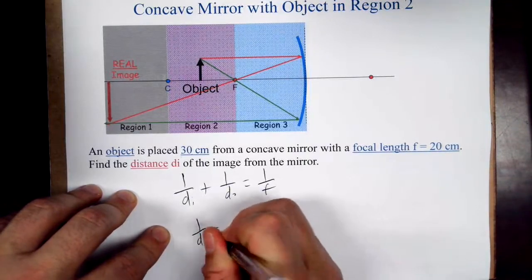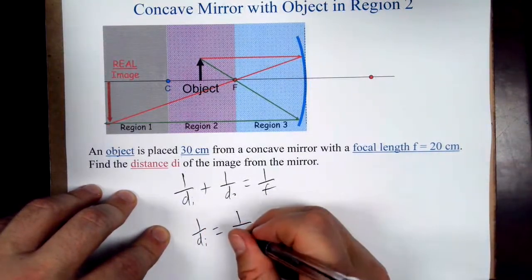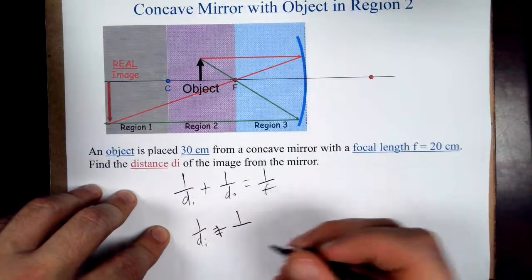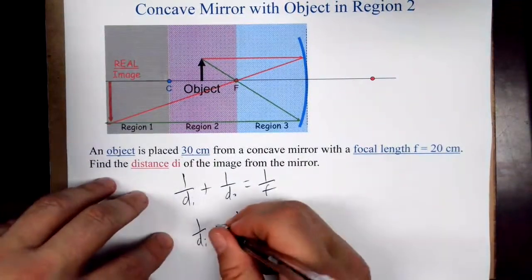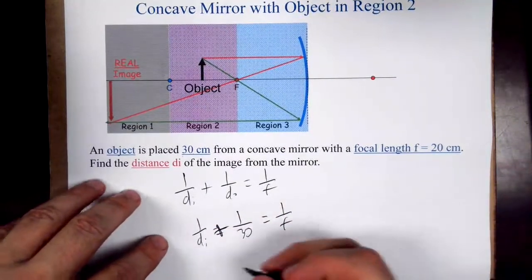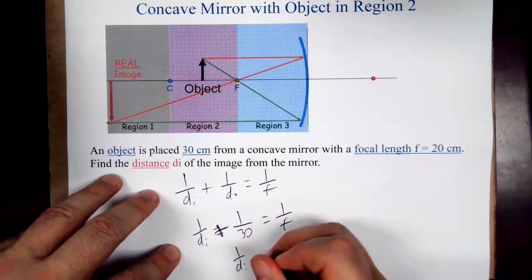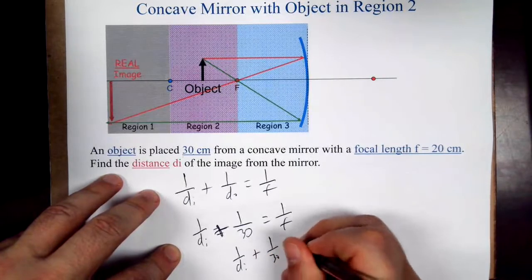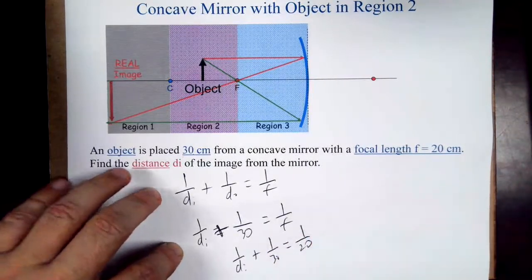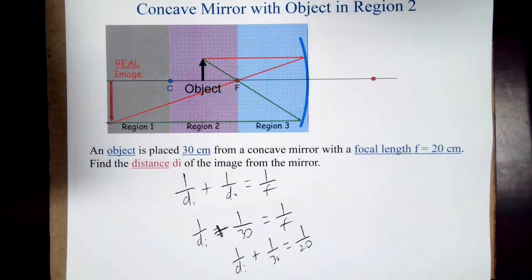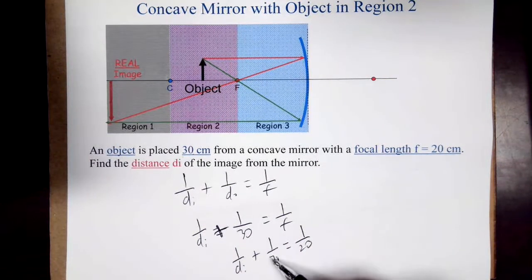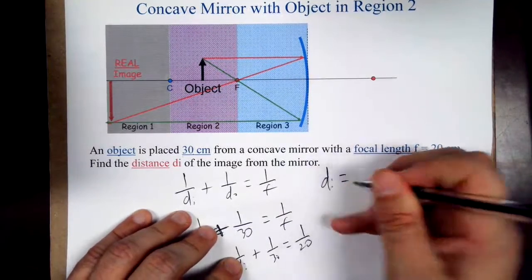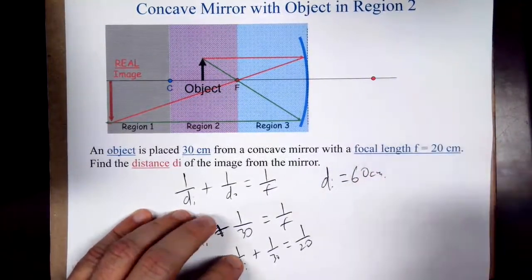So 1 over di plus 1 over 30 is equal to 1 over 20. If we do our math on this, this becomes 3/60 minus 2/60, which gives us 1 over 60. So the distance to the image is 60 centimeters.